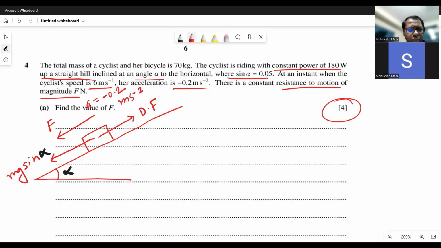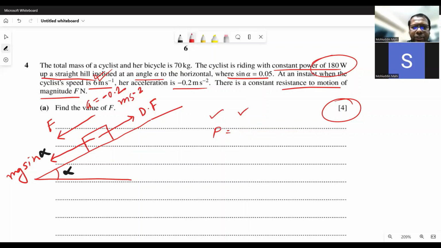So what we can do here, as we know the constant power of 180 watt, and we know the speed, we can find out the corresponding driving force. So we know the formula P equals FV. Now you always have to remember, when you are considering a constant power, the corresponding force is actually the driving force.